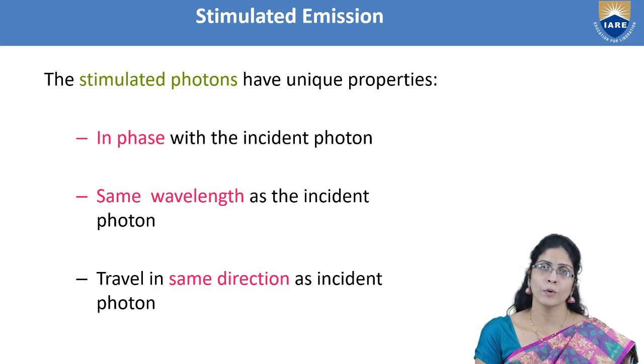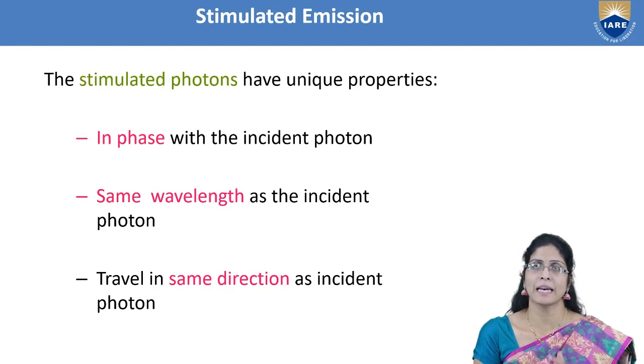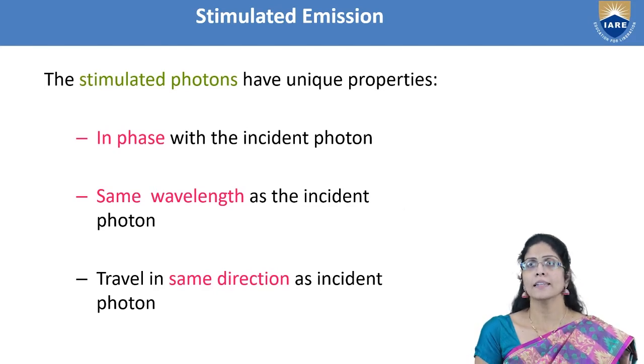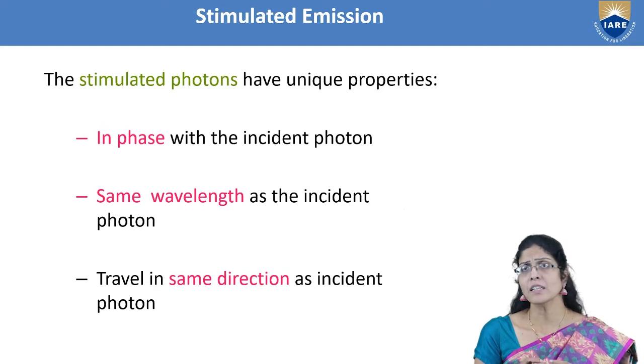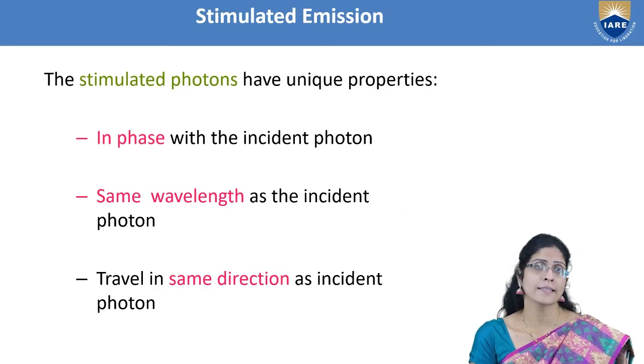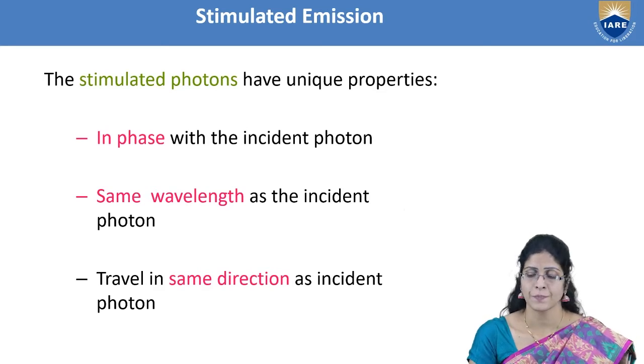I'll tell you more exactly in the coming slides what is in phase, same wavelength and same direction. The stimulated photons have the same wavelength and travel in the same direction as the incident photon, and hence you will have worthwhile properties in laser compared to light.